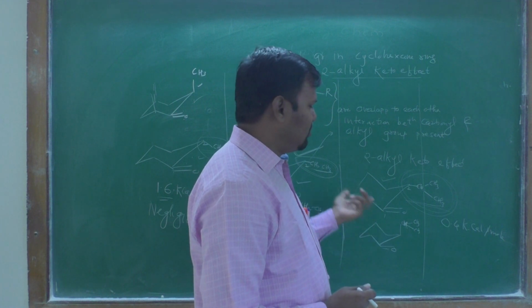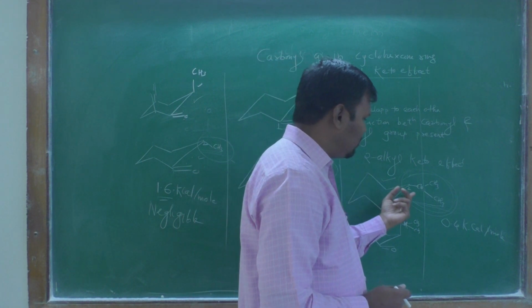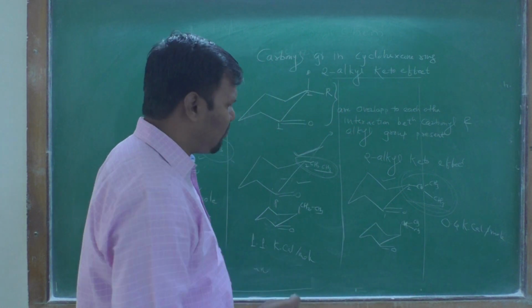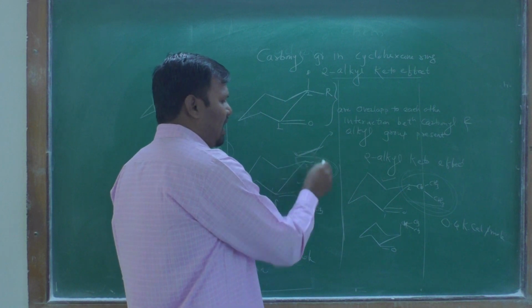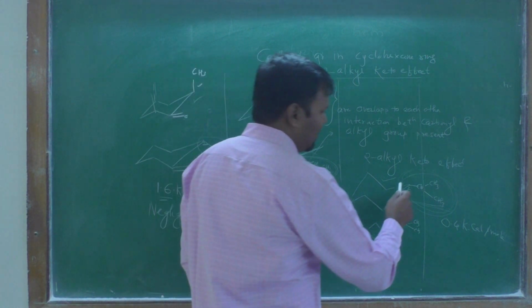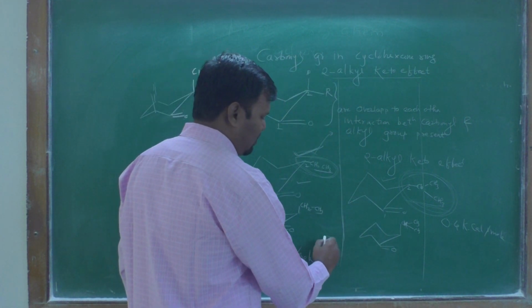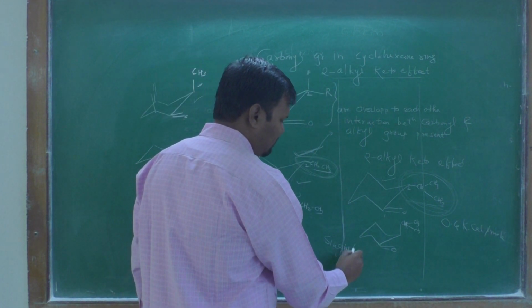Therefore, as bulk increases at the 2 position, the 2-alkyl keto effect increases, and it is found significant when an ethyl group is there and an isopropyl group is there at equatorial. It found a significant effect.